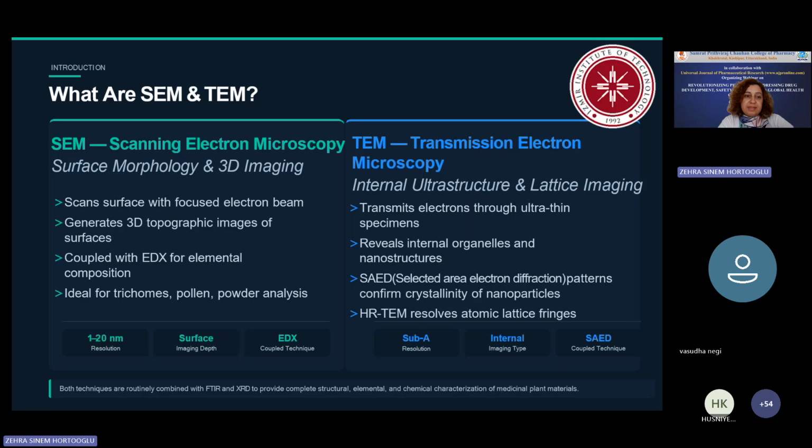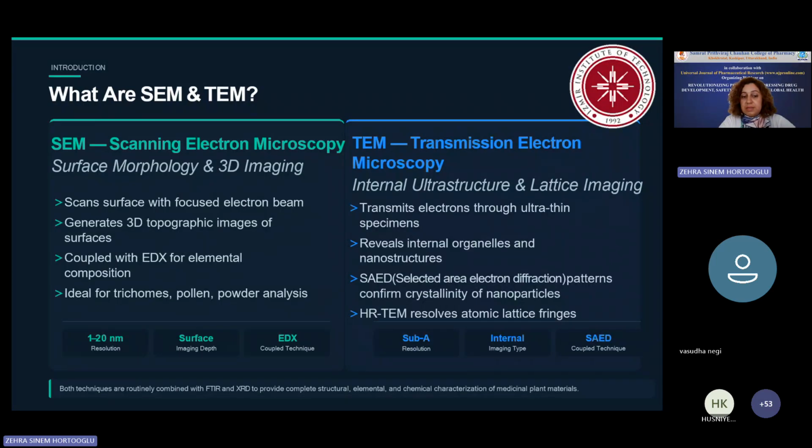What are SEM and TEM? SEM is the scanning electron microscope, and TEM is the transmission electron microscope. SEM shows surface morphology and 3D imaging, coupled with EDX for elemental analysis.